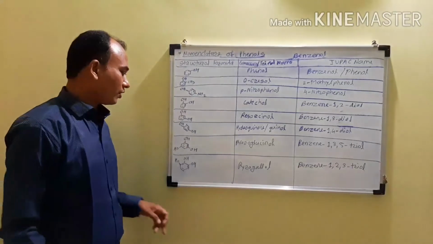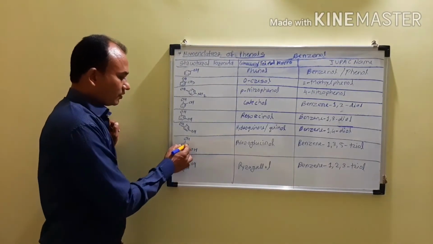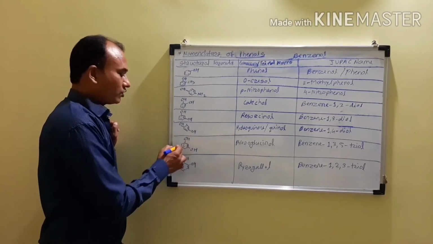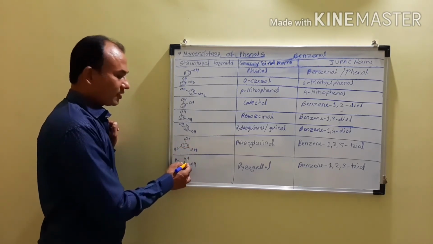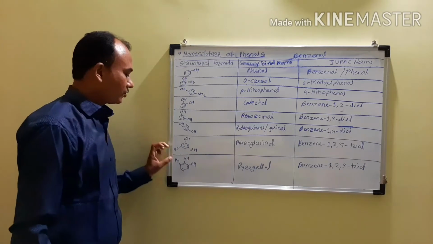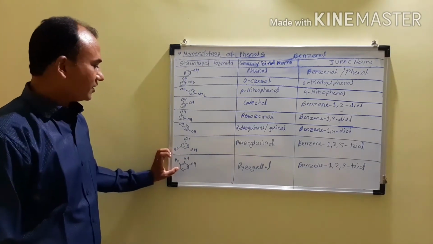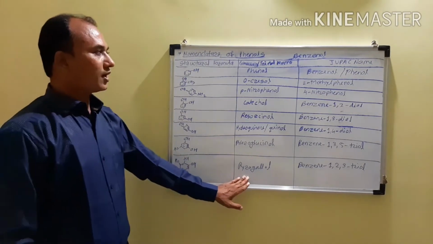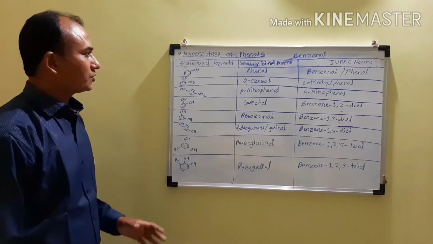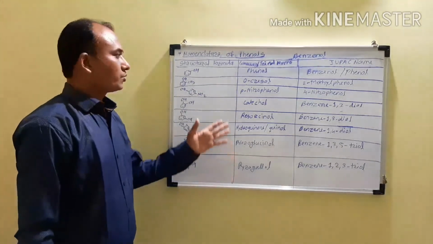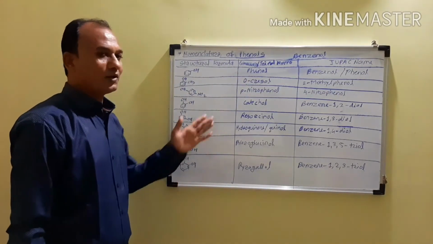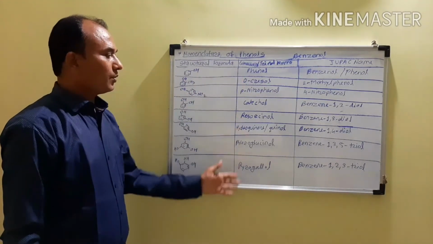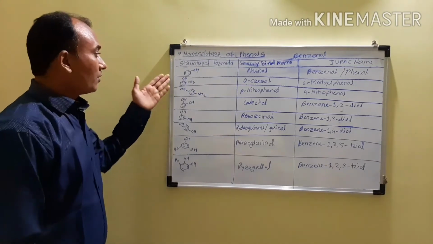In phloroglucinol the hydroxyl groups are attached to alternate carbon atoms, and in this case the 3 hydroxyl groups are attached to adjacent carbon atoms of the benzene ring, so it is called pyrogallol. So that is all about the common names. You have to remember the common names, because there is no system for them like the IUPAC system, so you have to remember all these names of the phenols.